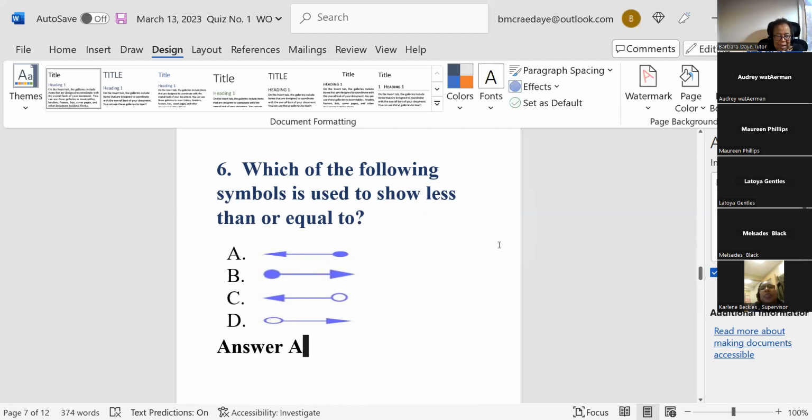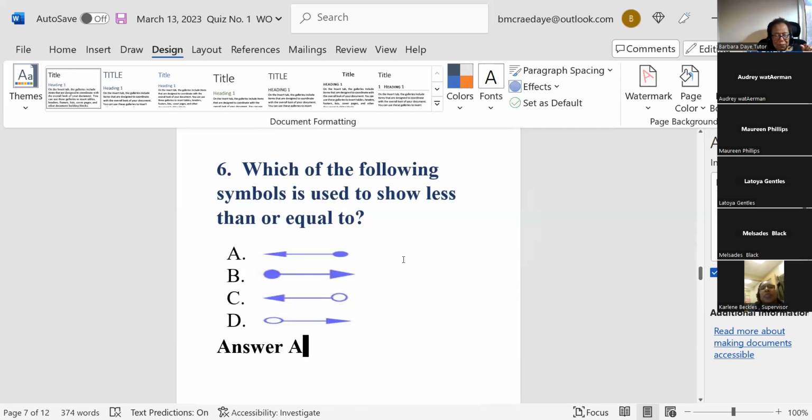So less than, decreasing. Got it? But you saw how you could eliminate C and D? When these are open, it can't be less than or equal or greater than or equal. It's got to be either less than or greater than, but not equal. So C and D, you could just eliminate and you're between A and B.